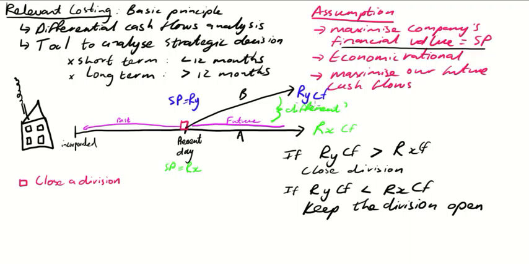Differential. And so that really is what relevant costing is. We look at to what extent will the cash flows from our new possible future be different to the cash flows of the status quo. And if it's higher, we make the decision to close the division, and if it's lower, we make the decision to keep the division open.